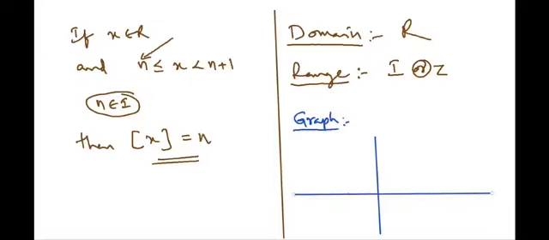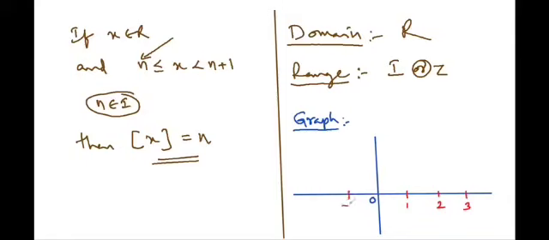And we mark on the x-axis. This is 0. Next 1, 2, 3. These go on like this because the domain is all real numbers. So infinitely many real numbers we can mark on the x-axis.